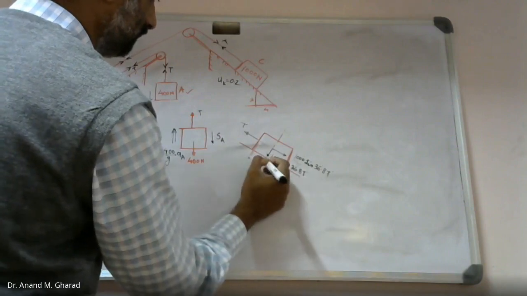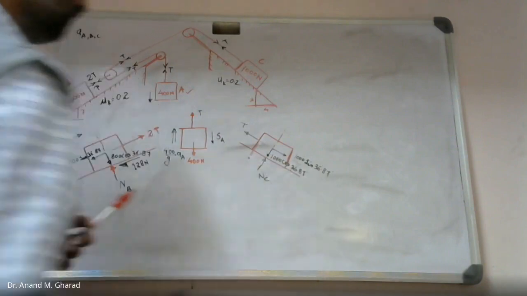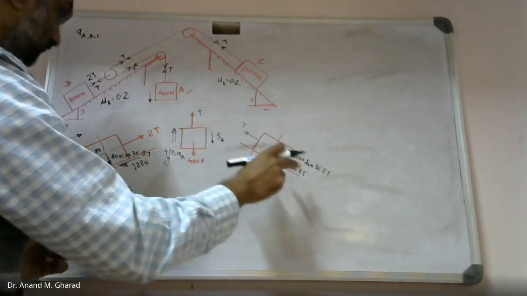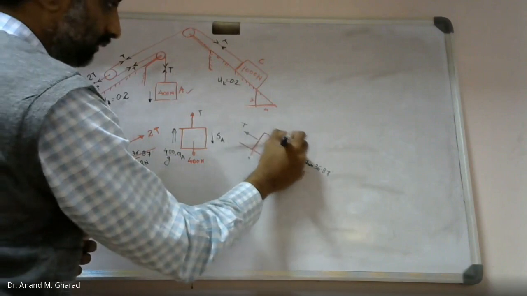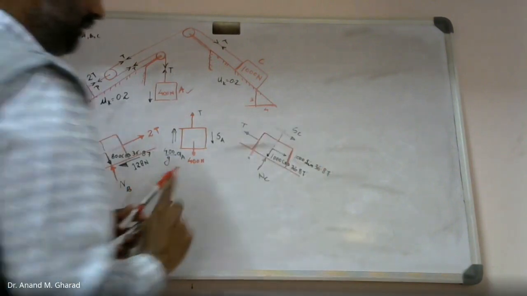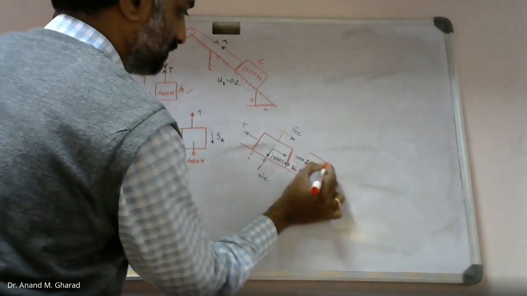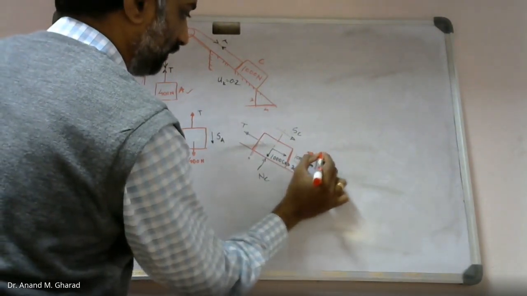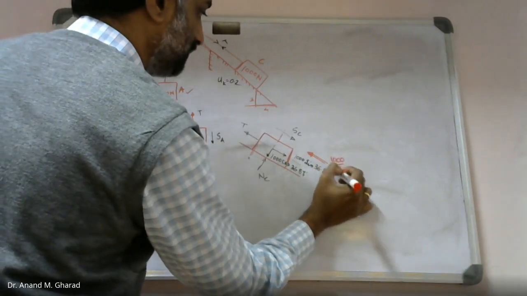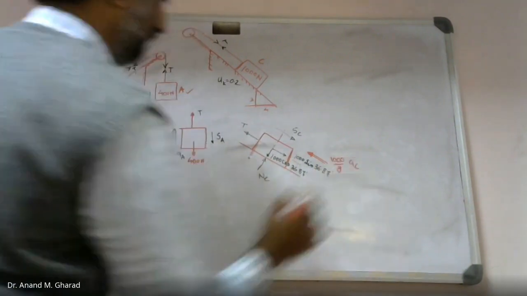This is NC. This was moving in the downward direction, correct? We have identified the movement and the inertia shall be upward, that is 1000 divided by g into AC.